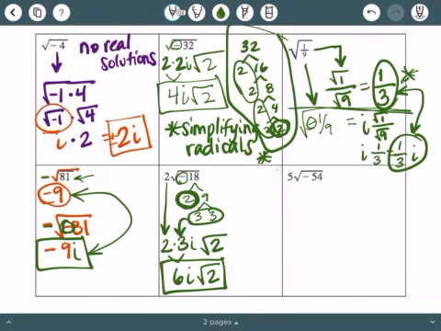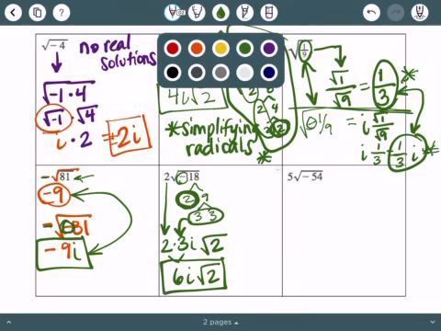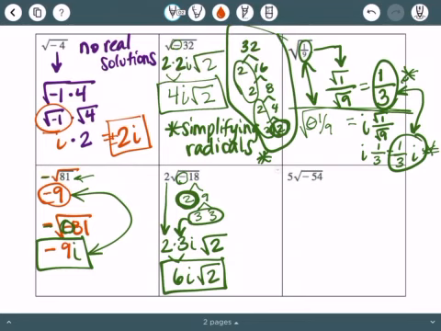We see the only difference between having a positive number here and a negative number is that my answer includes I in this case. Then our final problem here has 5 square root of negative 54. So 54, I will split into 2 and divide that by 2. I get 27. 27 is 3 and 9. 9 is 3 and 3.